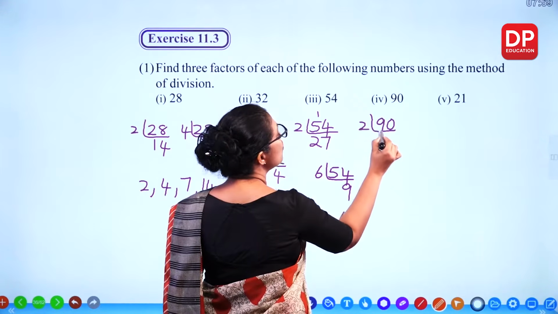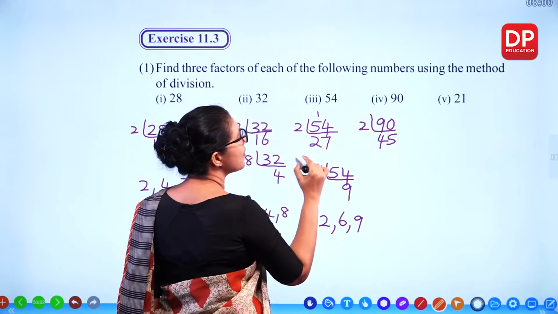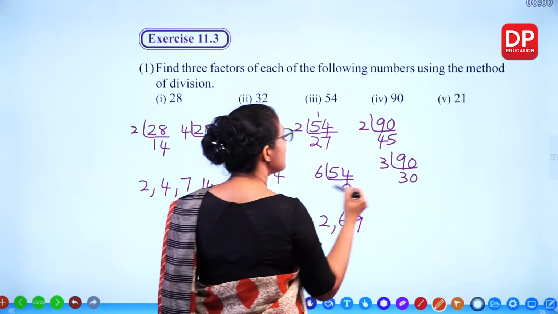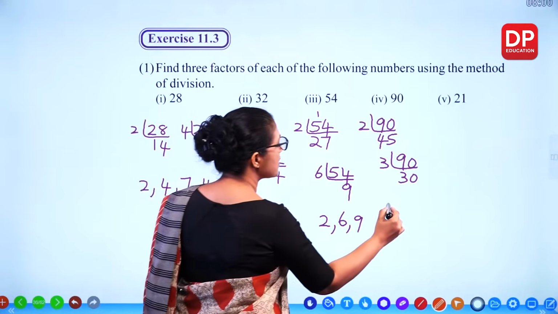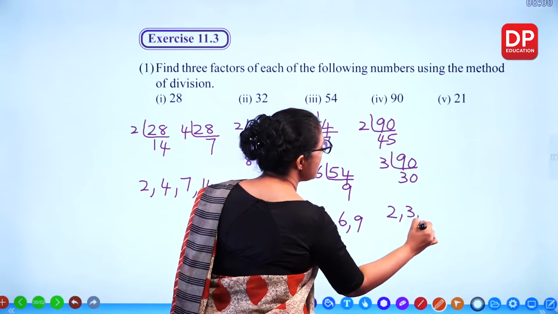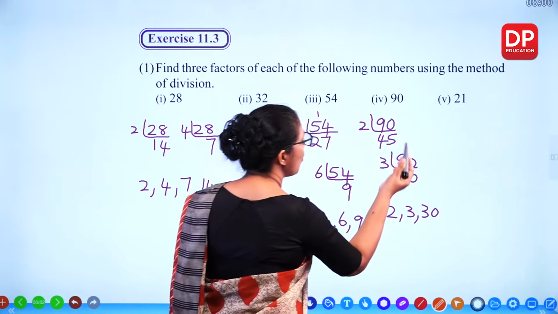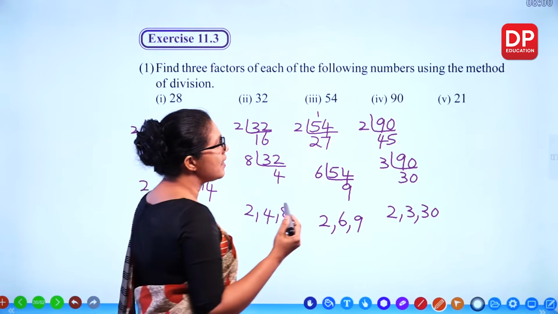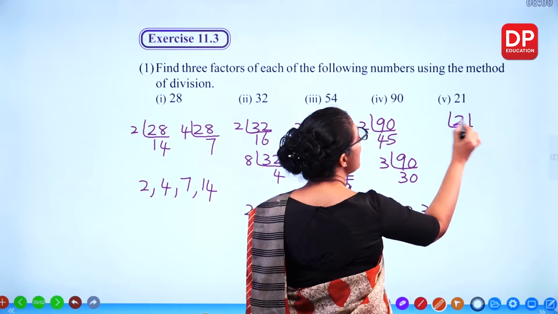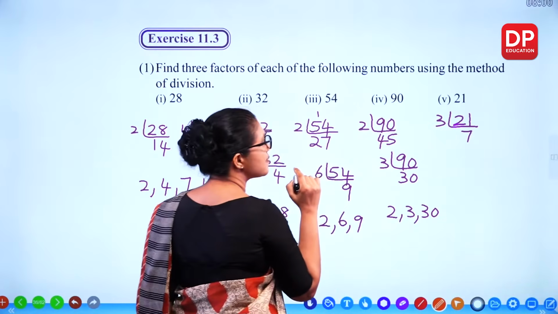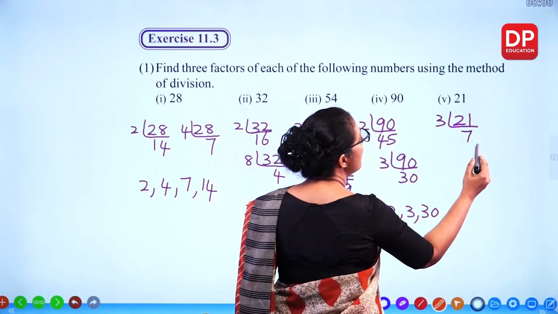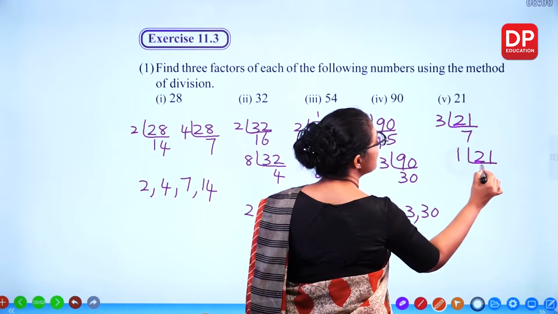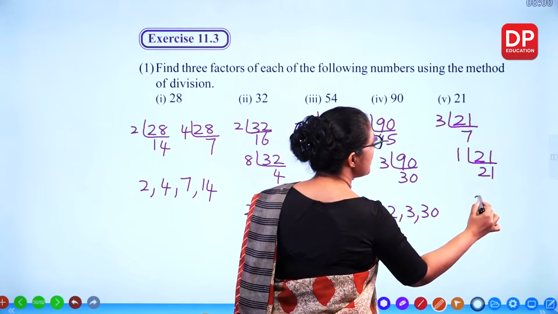I can divide by 2. That's 45. And I can divide this by 3. 3 times 30. So what are the factors? 2, 3, 30, 45, 90. Those are factors. I'm only writing 3. 21, I can divide by 3. I get 7. What else? And 21 I can divide by 1. So 3, 1.